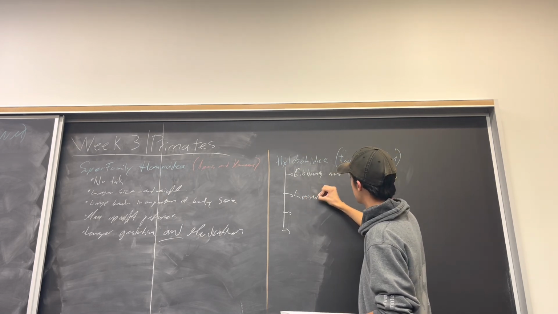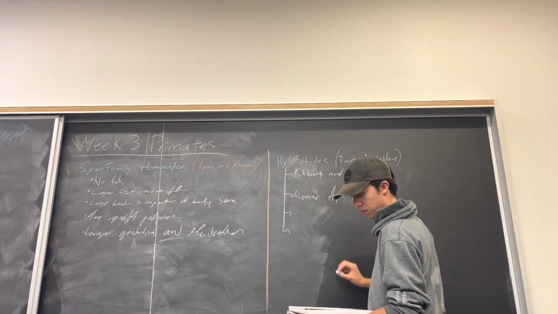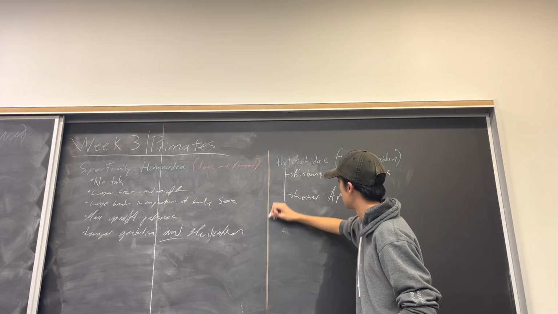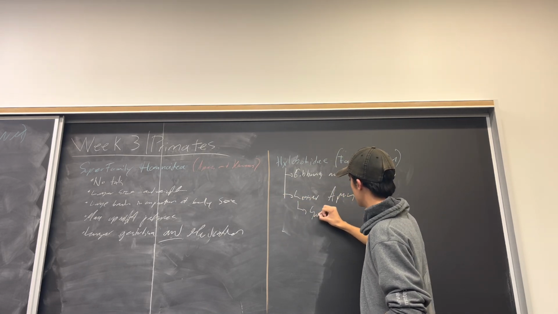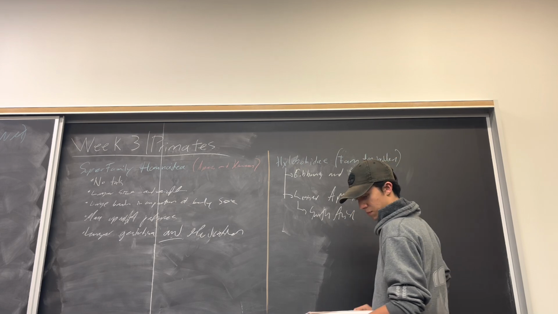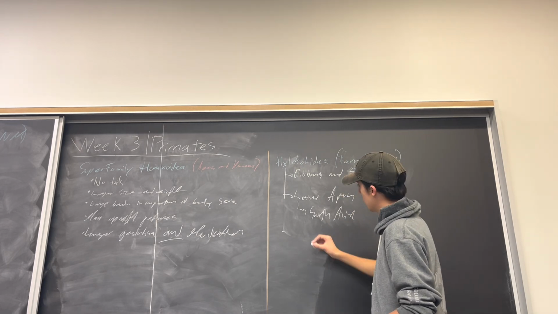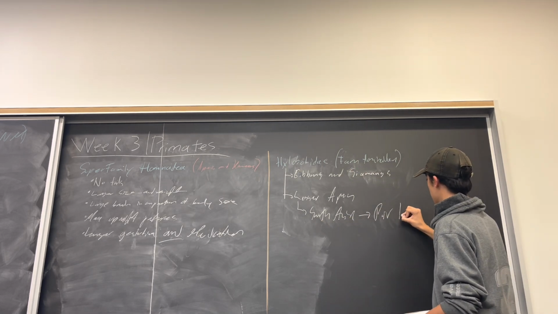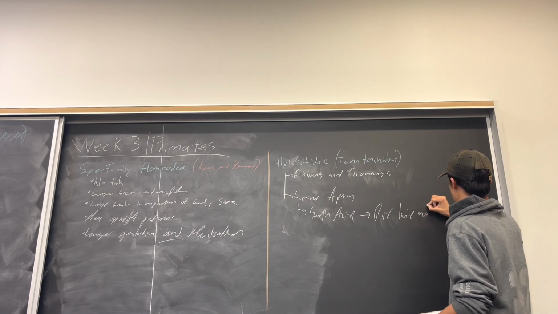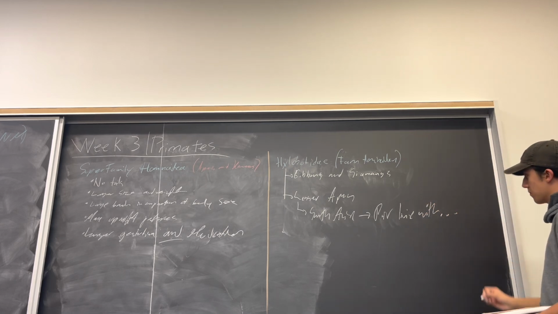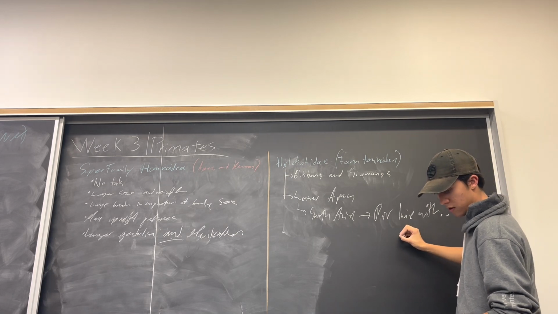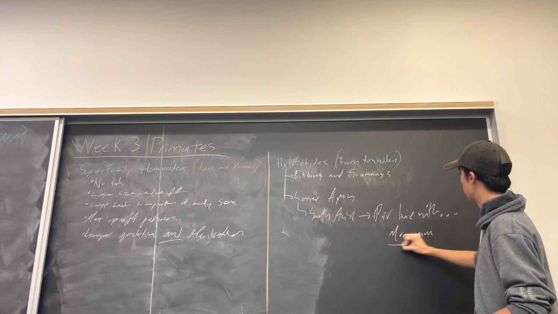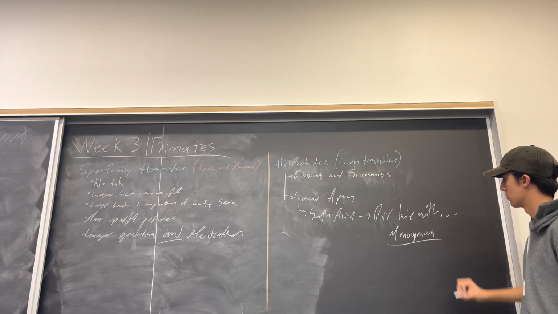Lesser apes. They are located in South Asia. And they also pair live, they are monogamous. Okay?